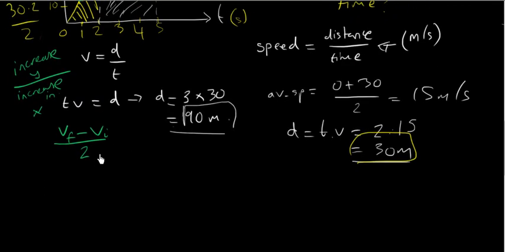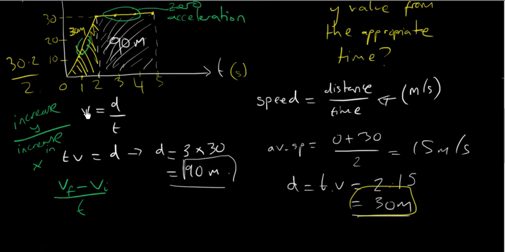So that would be over time. So in this case, the acceleration would be final velocity, which is 30, minus the initial velocity, which is 0, divided by 2, and that gives us 15 meters per second squared. So that would be our acceleration.